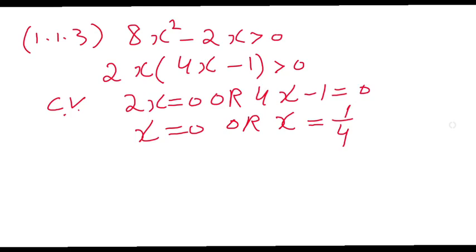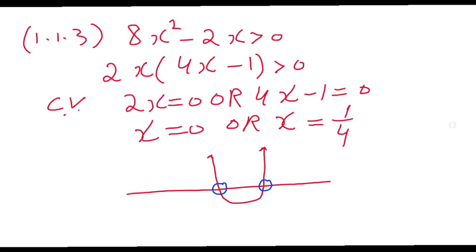Now you need to show this on a number line with a parabola. So I'm going to draw the parabola. This is the straight line we have, and I draw the parabola. Now, greater than 0 has no underline, which means this is going to be an open circle, most definitely.